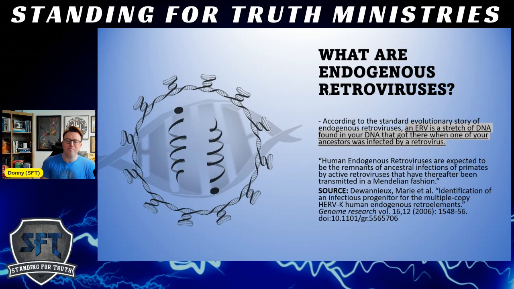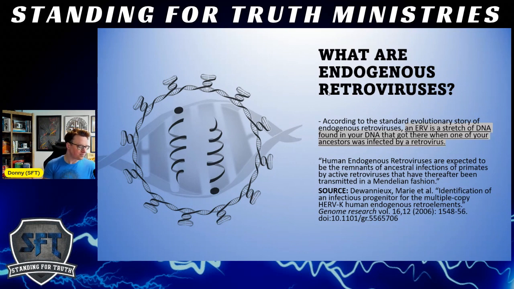So here we go. What are endogenous retroviruses? According to the standard evolutionary story of endogenous retrovirus, an ERV is a stretch of DNA found in your DNA that got there when one of your ancestors was infected by a retrovirus.